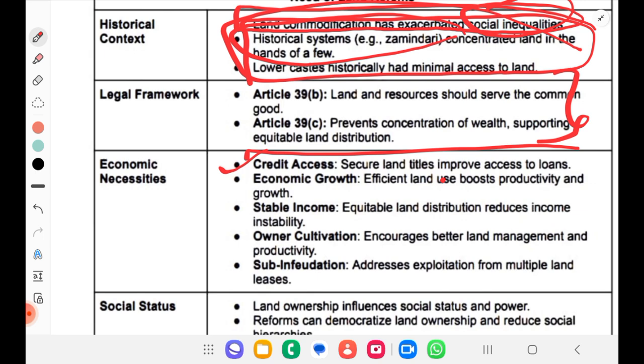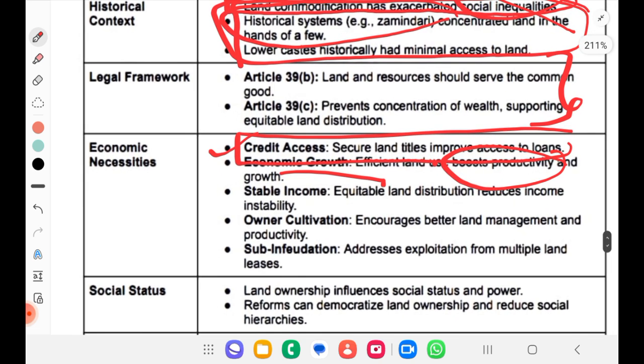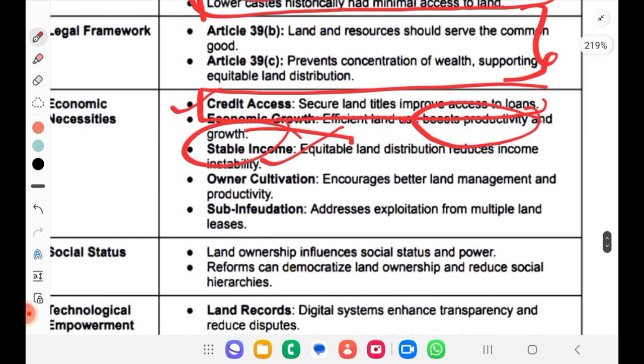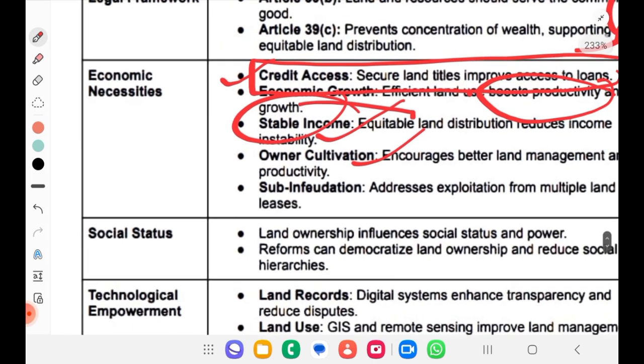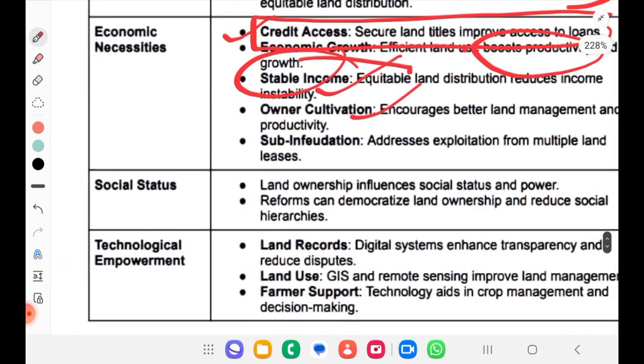The same case is here. Economic growth: insufficient land use will not give productivity and growth. Stable income: equitable land distribution reduces income instability, so we'll get a stable income. Owner cultivation encourages better land management and productivity. Sub-infeudation addresses exploitation from multiple land leases.